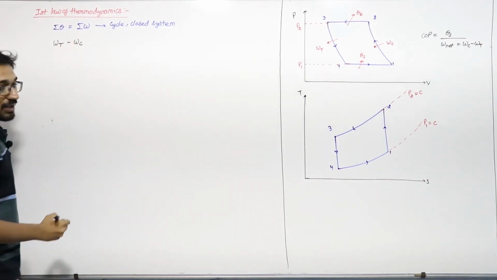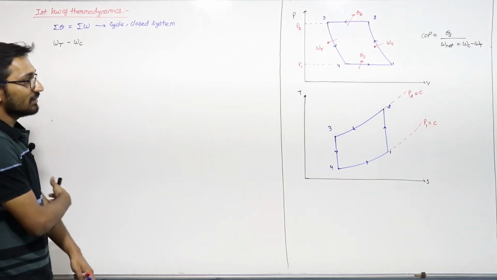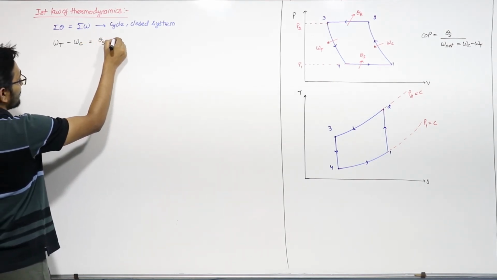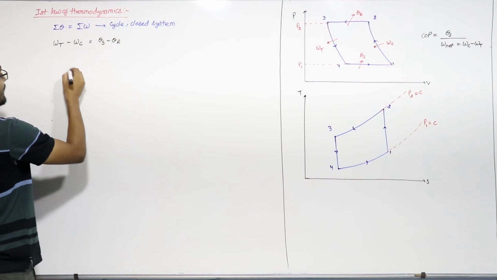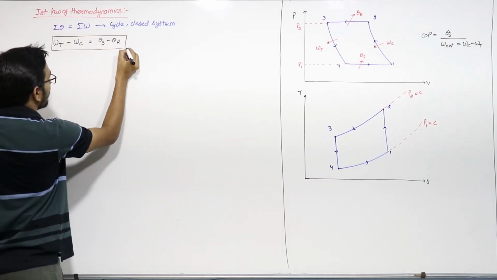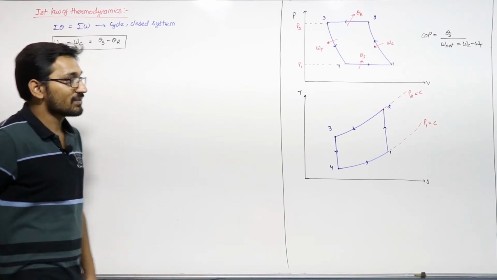Why minus? Because WC is work consumed by the system. This will be equal to heat added minus heat rejected. So this is the first law of thermodynamics for this reversed Brayton cycle.